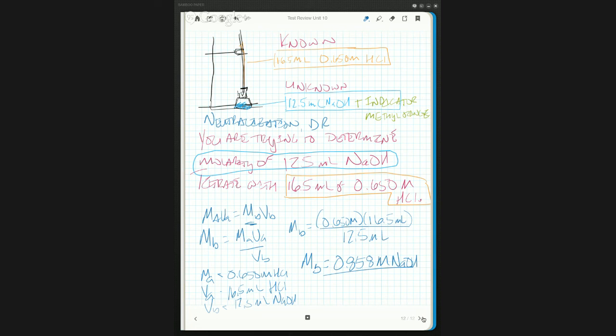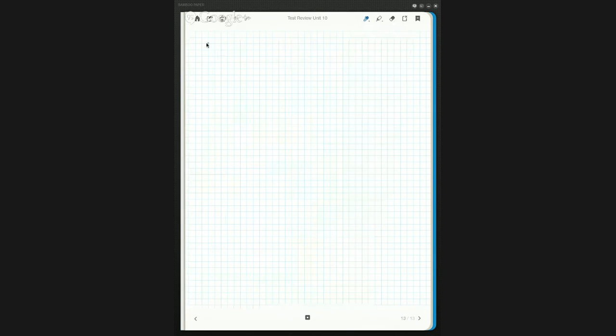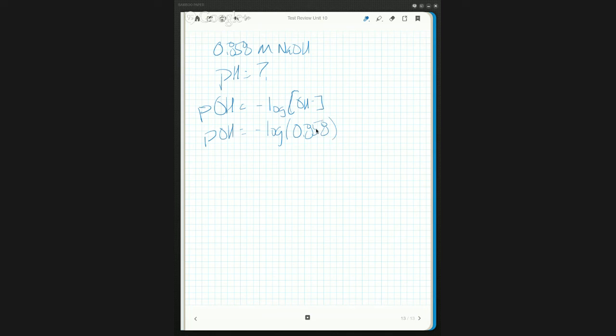Now, once you have that, we may or may not ask you, if it's 0.858 molar NaOH, what's the pH? So of course you do pOH, because it's a base, which is equal to negative log of OH minus. So pOH is equal to negative log of 0.858. I actually didn't do that. Negative log of 0.858.